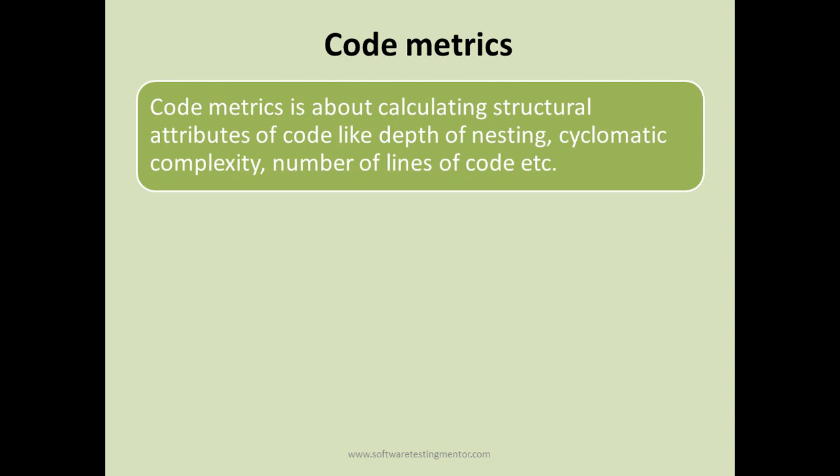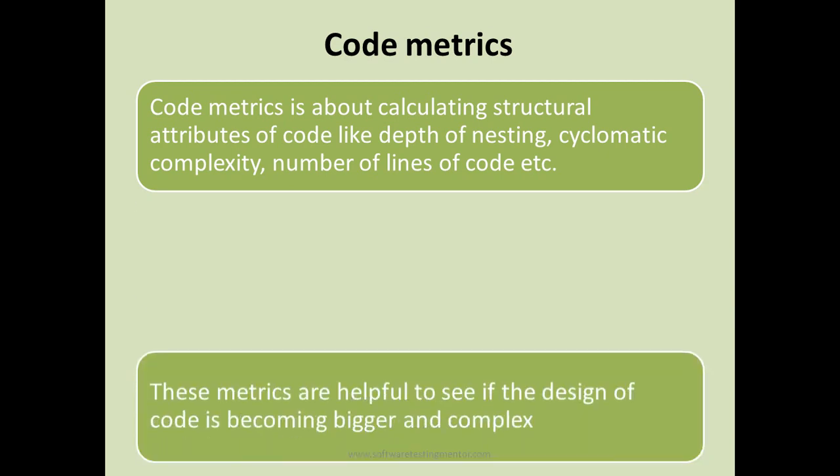Code metrics is nothing but calculating the structural attributes, like what is the level of nesting of the code, what is the complexity of the code, how many lines of code there are in the total software. All these kinds of metrics are also provided by the static analysis tool.